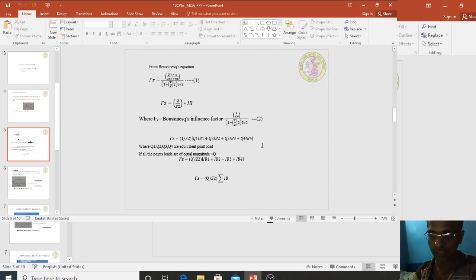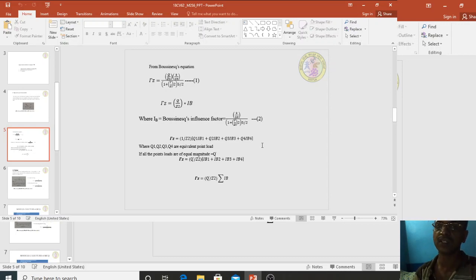Therefore, equivalent point load. If sigma z is to be calculated at point O, and if that point O is exactly at the center, then Q1 is equal to Q2 is equal to Q3 is equal to Q4, and you can call that Q dash.